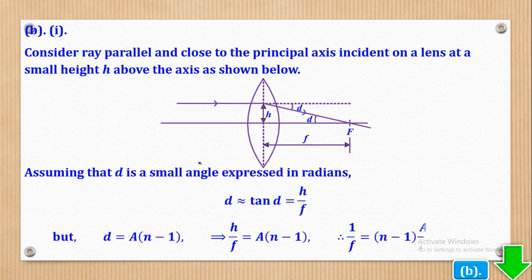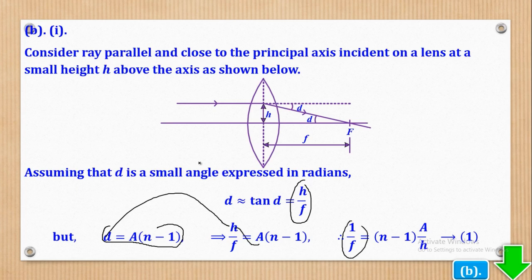But in the question you are told that D is equal to A(n minus 1). So I'll substitute for this D to put there h over f. Then when I take this h this side, I'll come up with 1 over f equal to (n minus 1) multiplied by A over h, because this h has gone here to become A over h. So let us call that equation 1.